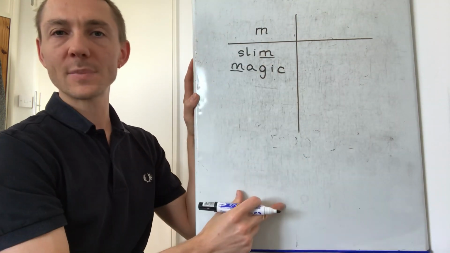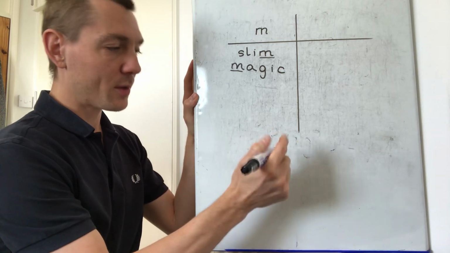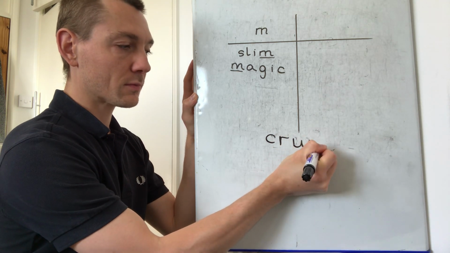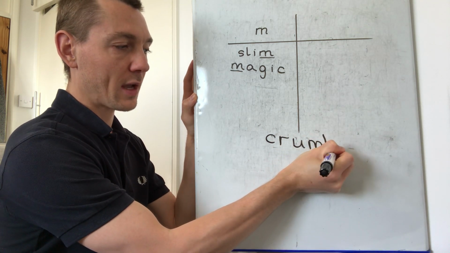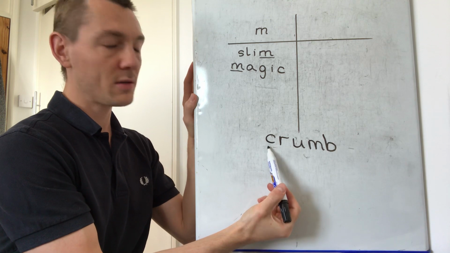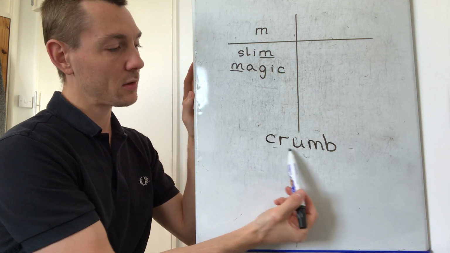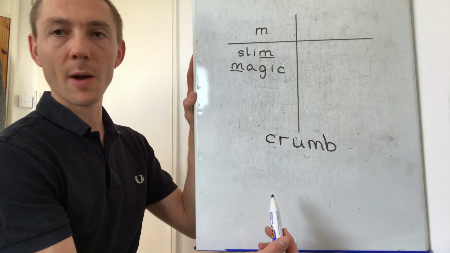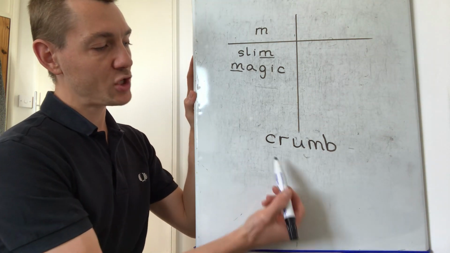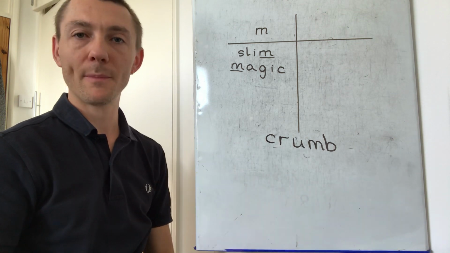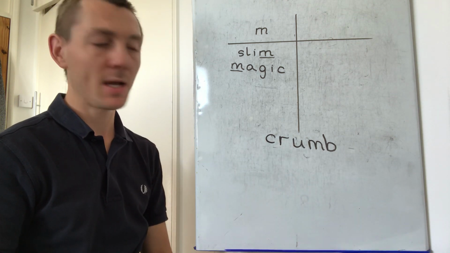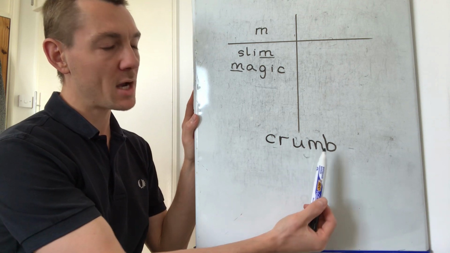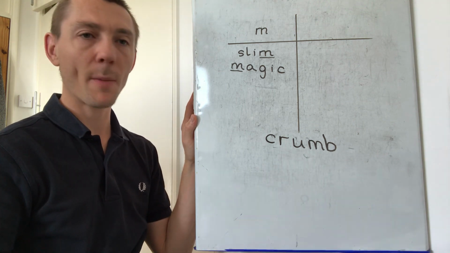Okay? Now, what about this word? Okay, after 3, the word is 1, 2, 3. Crumb. Now, which is the spelling of the sound in crumb? Listen carefully, think about where it is. Crumb. It's at the end of the word, crumb.